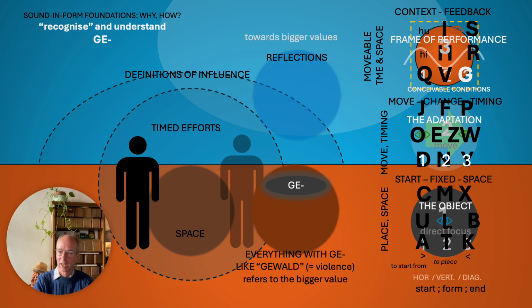Immediately the G has this physicality as well, but at the same time it reflects something bigger, a bigger effort behind it. It's not just that small part that you see. The small part reflects bigger things, something bigger behind it. Maybe there's even a whole concept behind it, why it's there. Everything with GE has that thing.